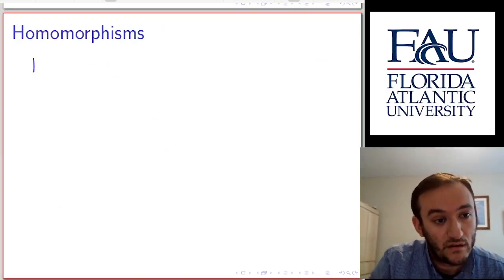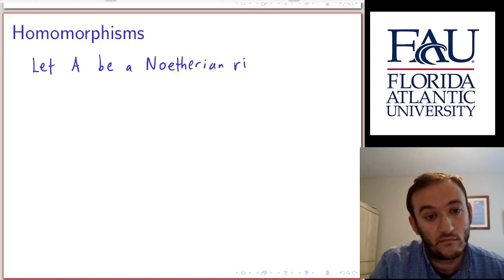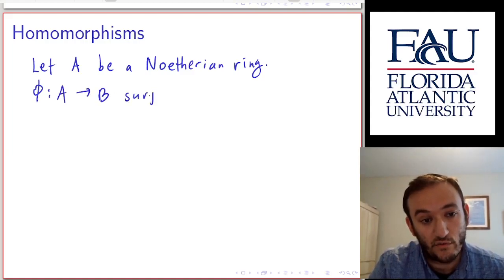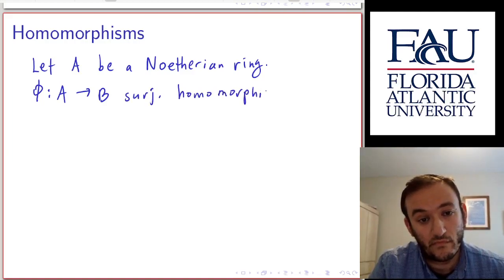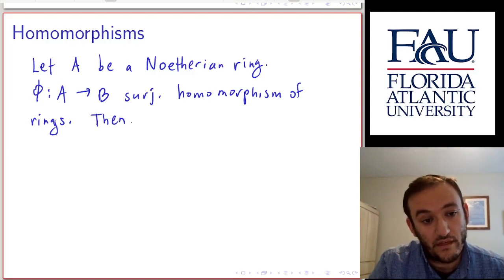So if you have a Noetherian ring, and we have a surjective homomorphism of rings, phi from A to B, then B is also a Noetherian ring.